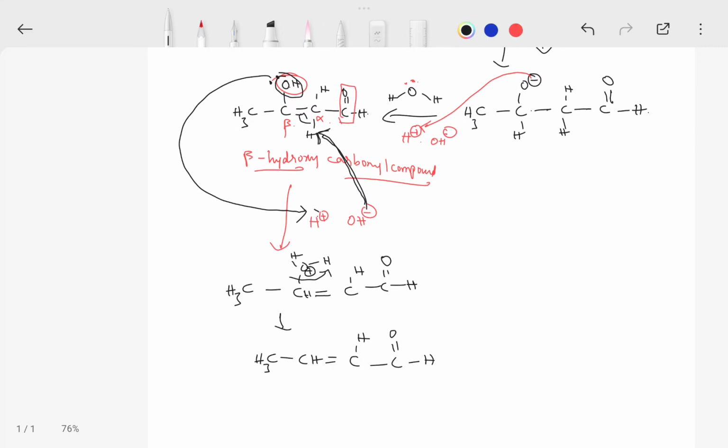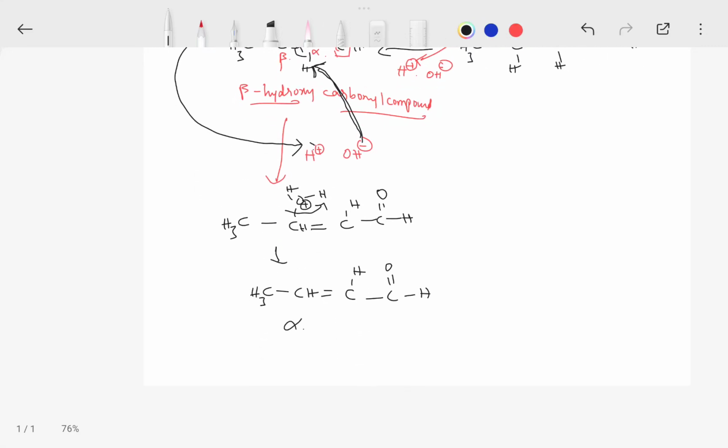Now what is this, students? This is alpha, beta. See, this is the alpha and this is the beta carbon. Alpha, beta unsaturated. Unsaturated is nothing but a double bond or triple bond. Here a double bond is there, right? We can write it as an unsaturated carbonyl compound. This is the product of this compound.